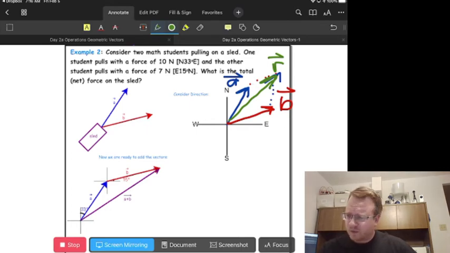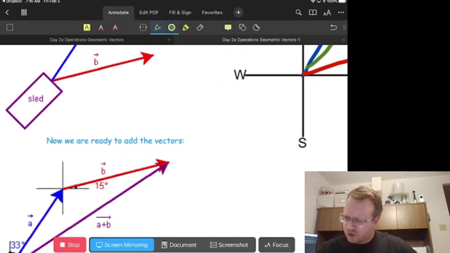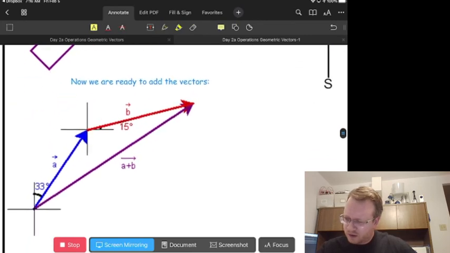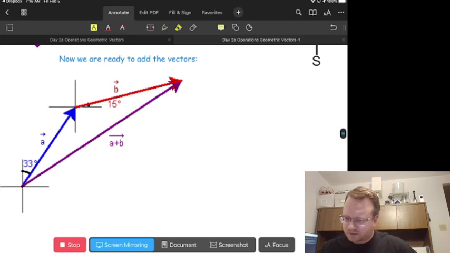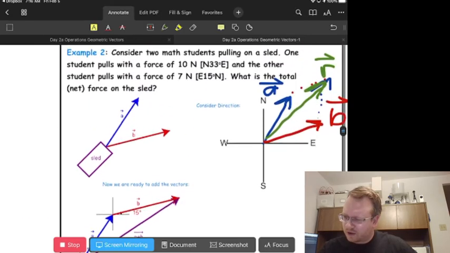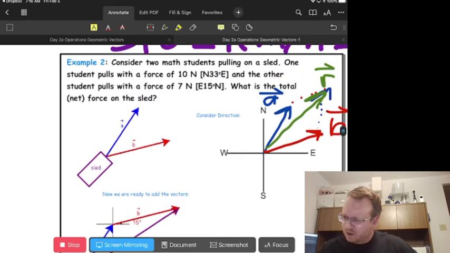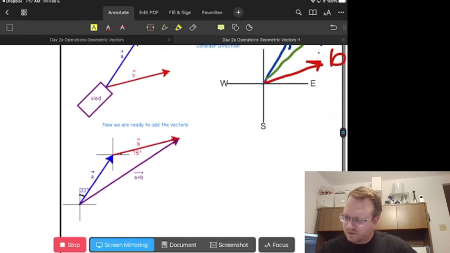We have our triangle. So now we need to use what we know about trigonometry to find our missing angles and any side lengths that we know. So let's start with the side lengths because they're nice and easy. Do we know the length of vector A? Yes, we do. It was said in the question that one student, the one pulling north 33 degrees east, so that's our A vector, has a force of 10 newtons.